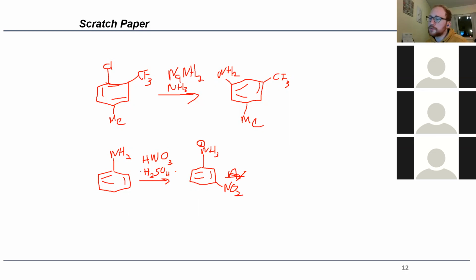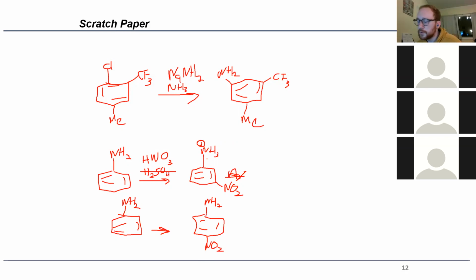However, if we exclude sulfuric acid, at least for the purposes of this class, it will still direct ortho-para. And now a very reasonable question to ask at this time is, well, wait a second, nitric acid is still more acidic than the ammonium salt is.